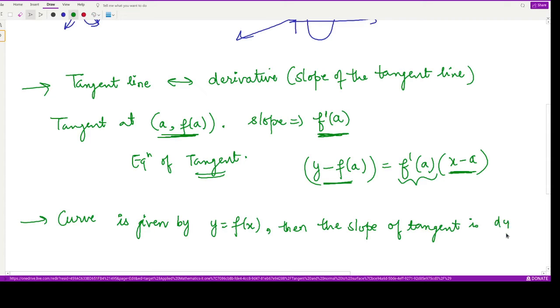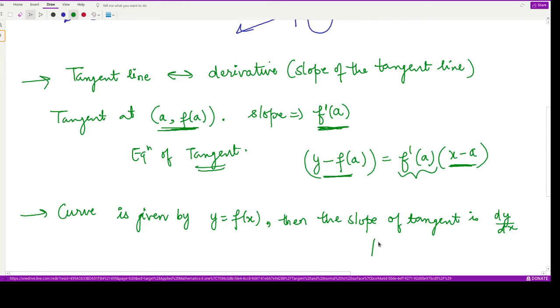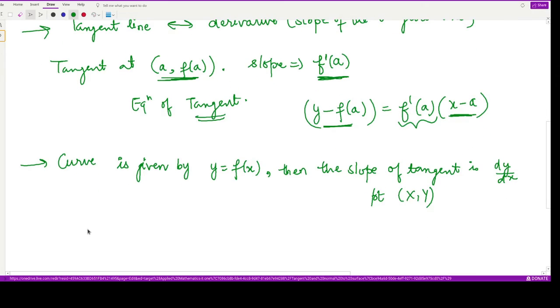That would be dy by dx. So at the point (X, Y), what is the equation of the tangent line? Its equation would be y minus capital Y is equal to dy by dx calculated at the point, into x minus capital X.